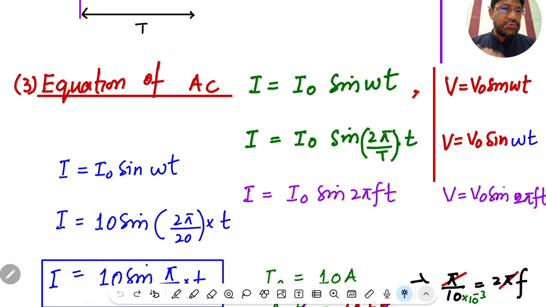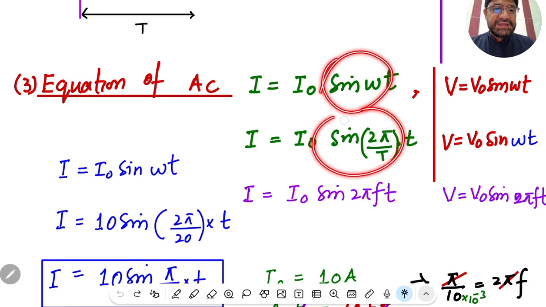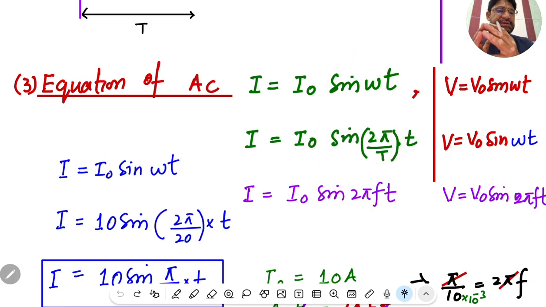These are all representative equations of the alternating current over time. In the same way, for alternating voltages, these three equations represent it: V is equal to V naught sine omega t, V is equal to V naught sine 2 pi by T t, and V is equal to V naught sine 2 pi ft.